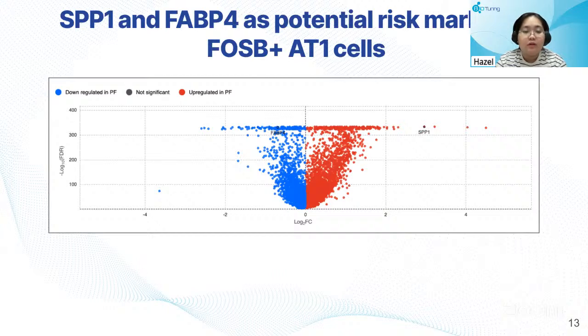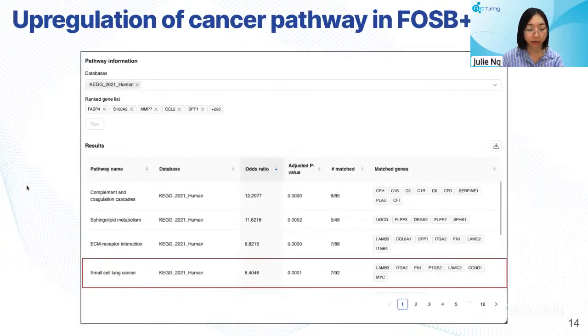Okay, so I think we can move on. From here, now that we've identified some differentially expressed genes, we want to characterize what pathways are upregulated in our population of AT1 cells.